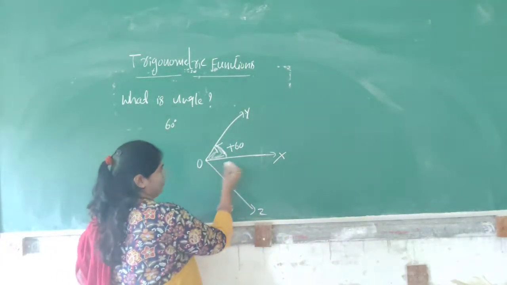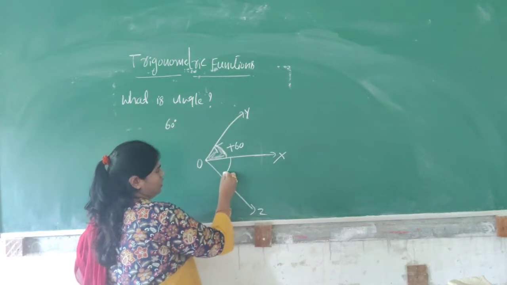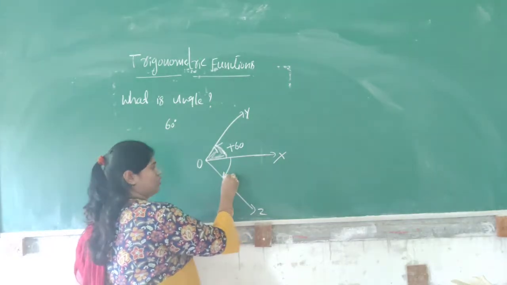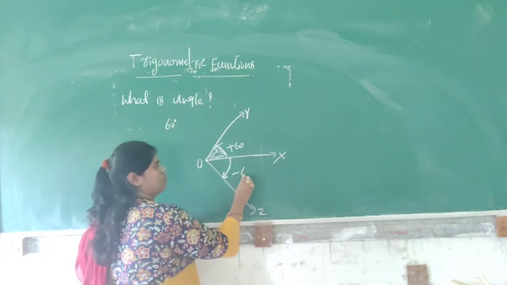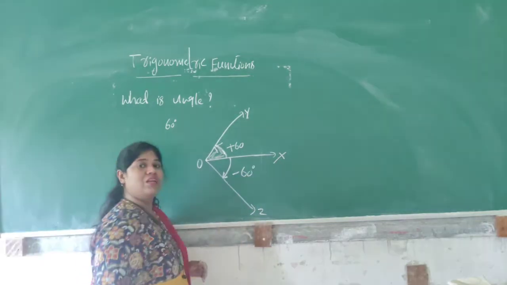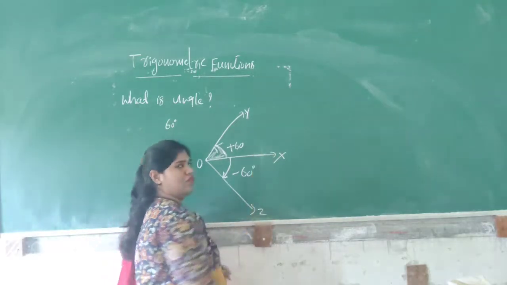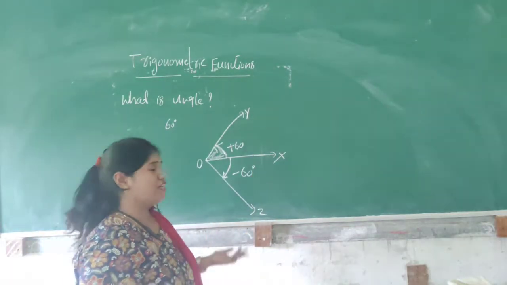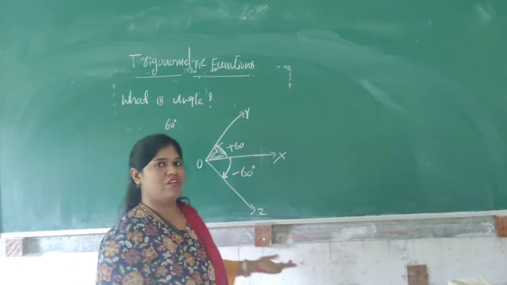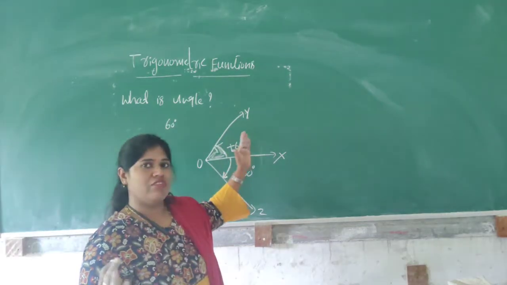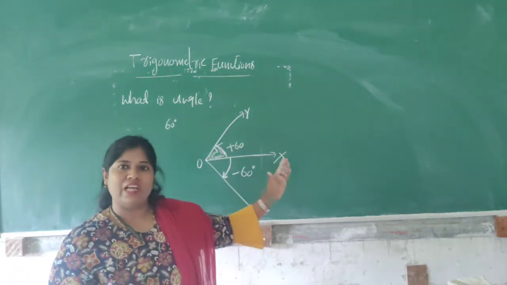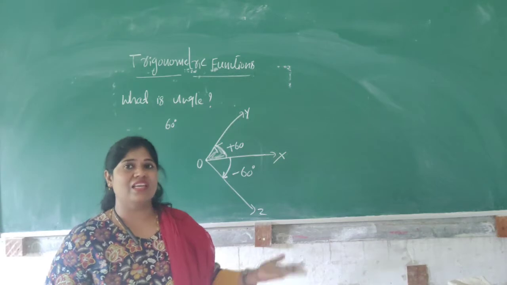So, what will it be? If it is in this direction, towards downwards, this one is called the negative angle, minus 60 degree. Which quadrant will it come in? You know the quadrants: first, second, third, fourth. An acute angle is less than 90 degree.